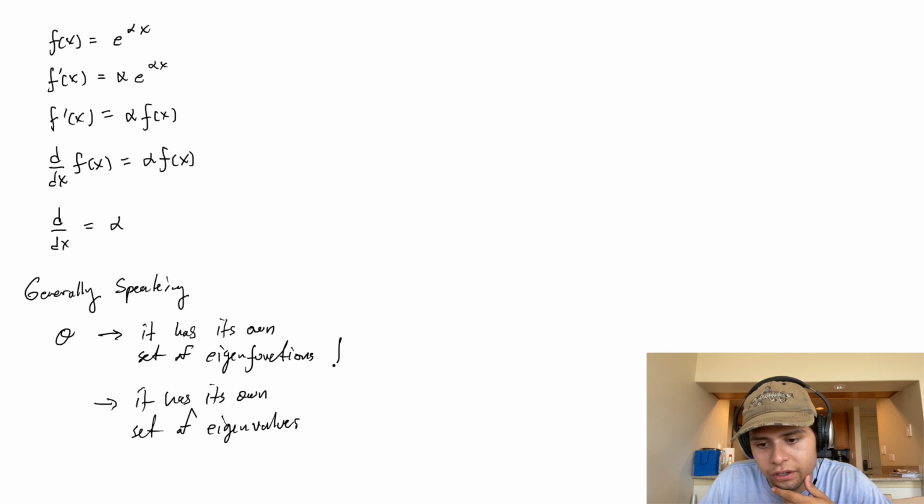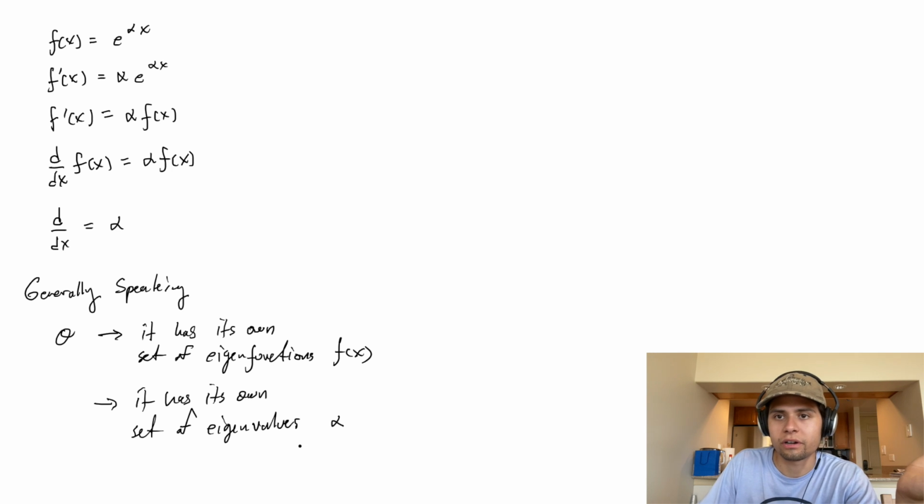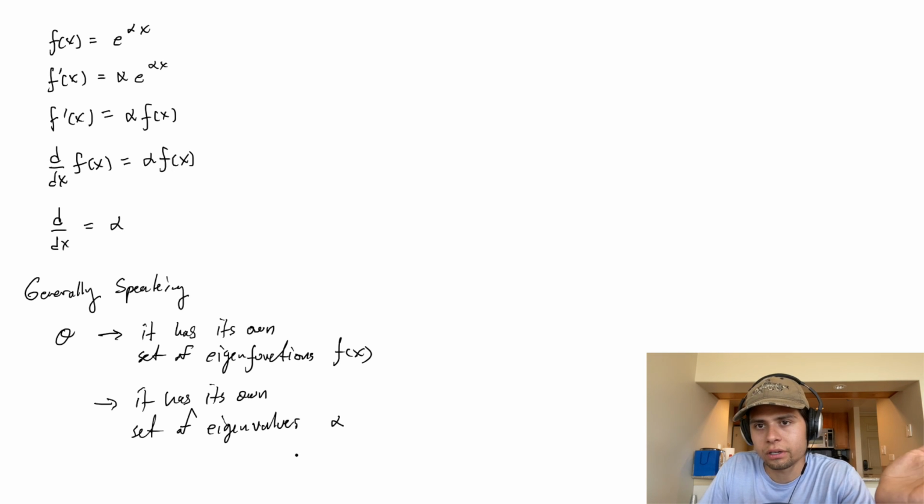So the eigenfunctions are f of x and the eigenvalues are alpha. All we need to know is what the operator is, and then we can discern everything else. This is the power of eigenvalue problems.